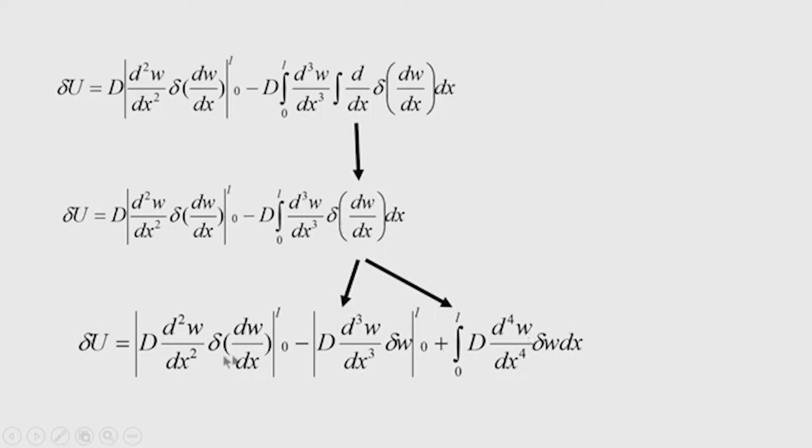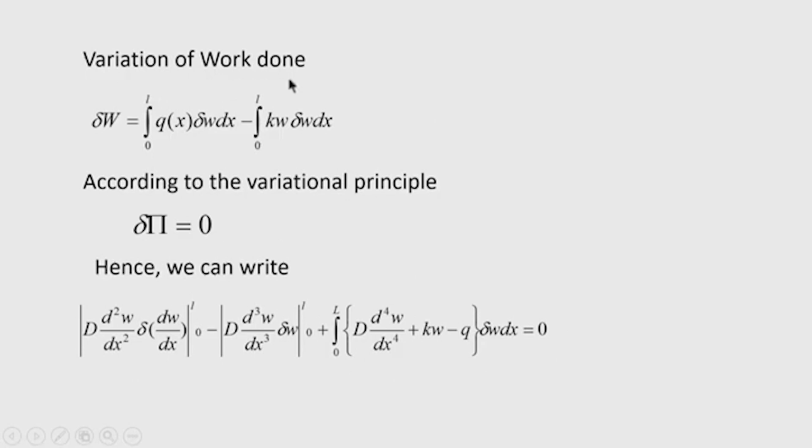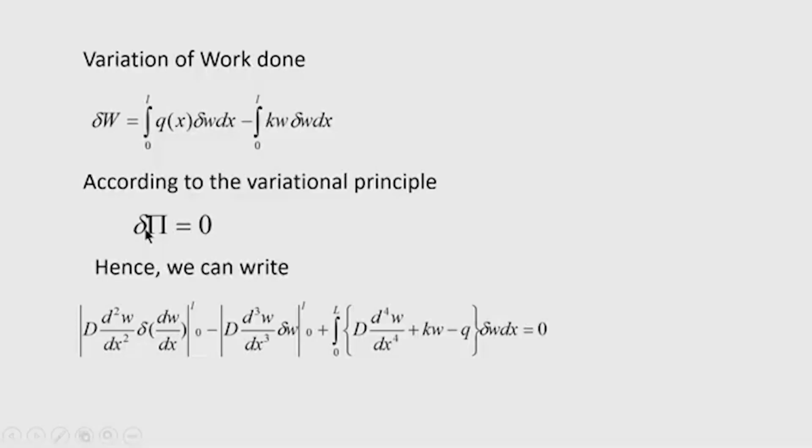So, del u is completed, then the variation of work done is calculated, del w equal to q x del w dx, and it is a very simple thing, you can say half k w square. So, when it is operated with delta, it becomes k w into del w, and dx is already there in the integration. Okay. So, according to the variational principle, we now write delta pi equal to 0.